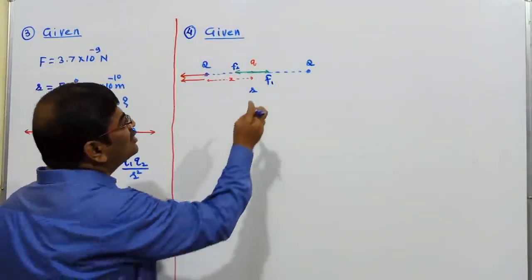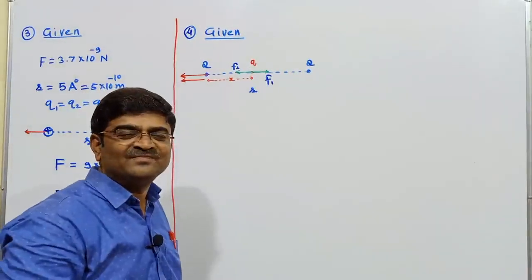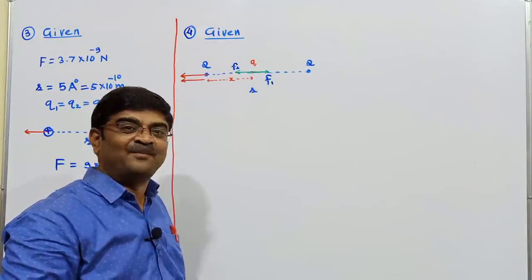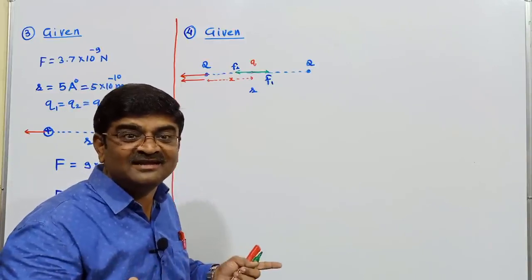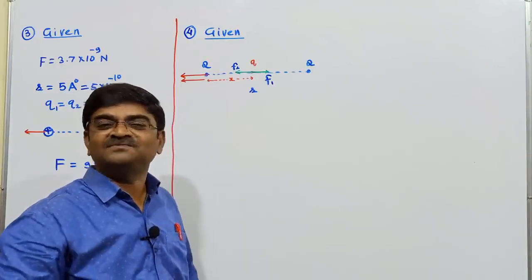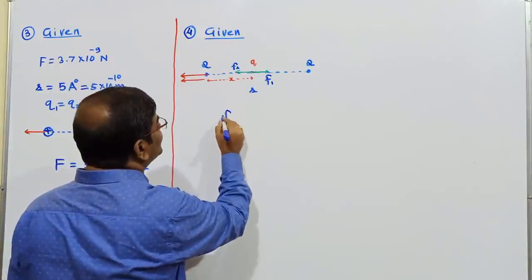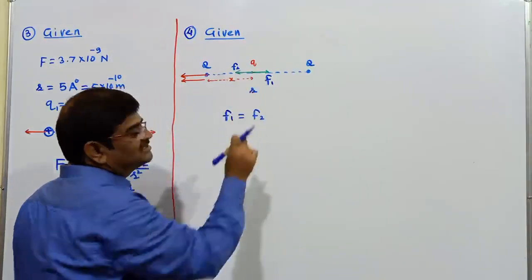And now to get the resultant of these two, I must have those two in opposite direction, which is already there. And what else I need? Those two forces need to be of the same magnitude also. So I mean that F1 has to be equal to F2. I am writing this about this.